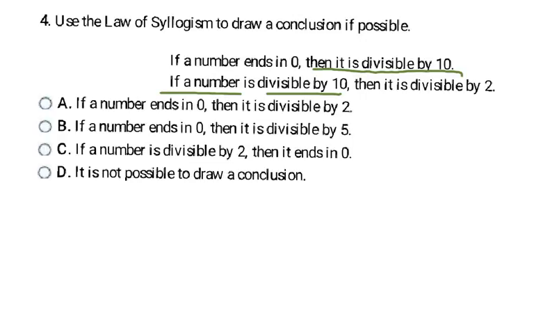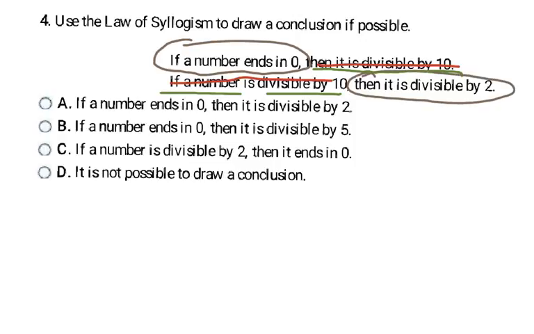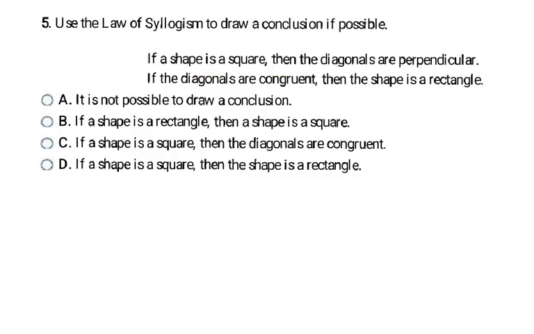If you have that repetition from the end to the beginning, that means you can just eliminate that part and say, if a number ends in 0, then it is divisible by 2. That's what the law of syllogism says. So here, the answer that says that is letter A. So that's going to be your answer.